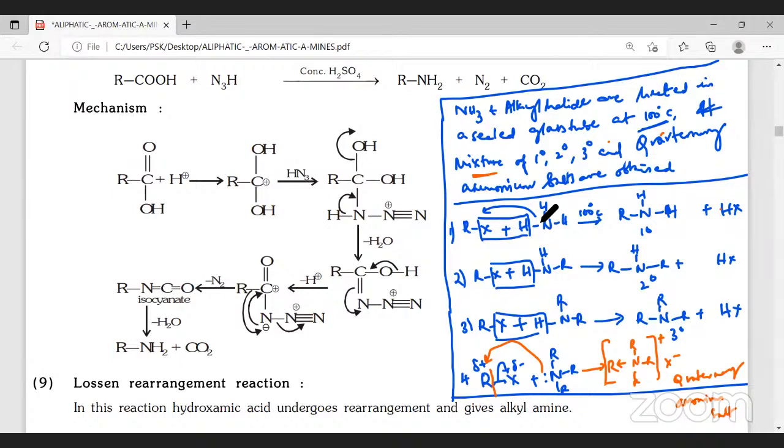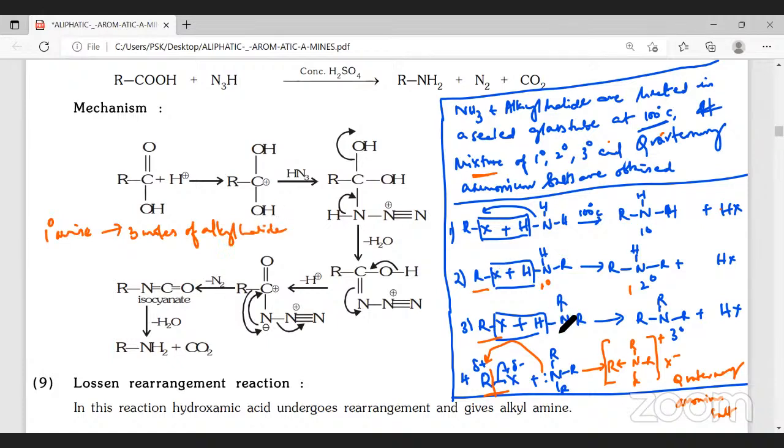How do we differentiate them? If you start with a primary amine, for the complete reaction to take place, it requires 3 moles of alkyl halide. So primary amines will consume 3 moles of alkyl halides.